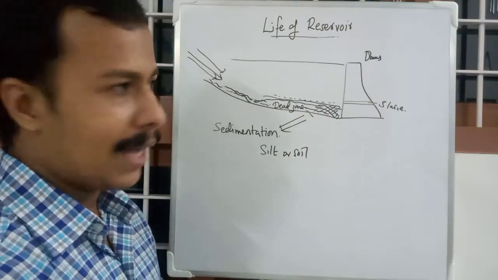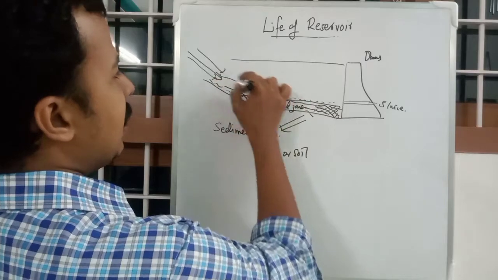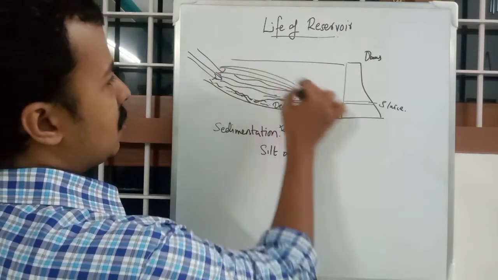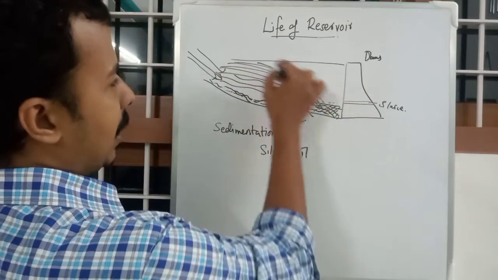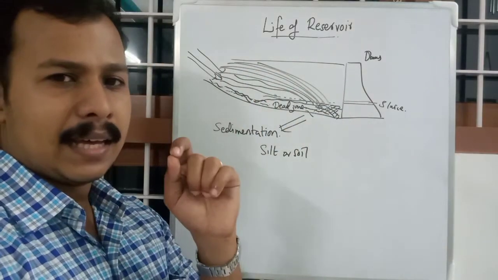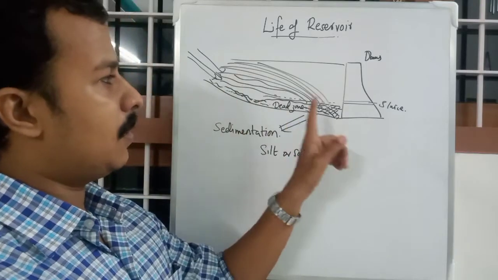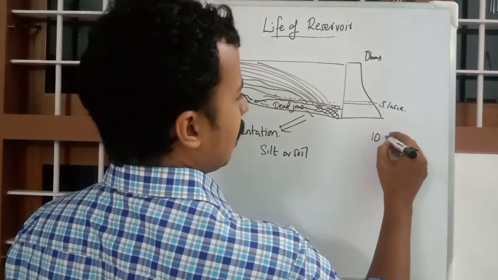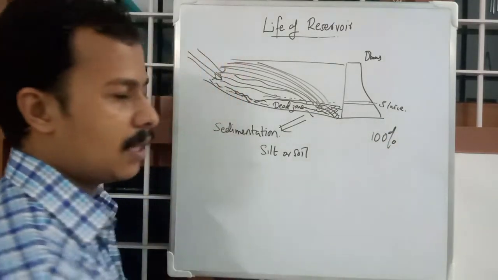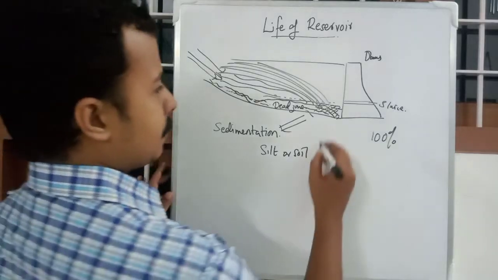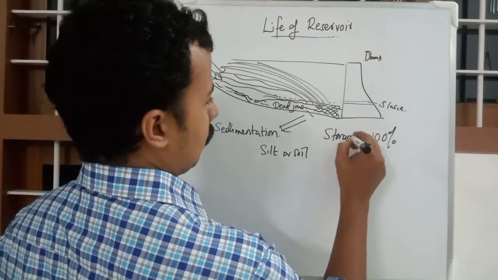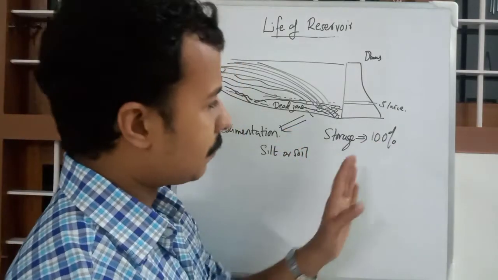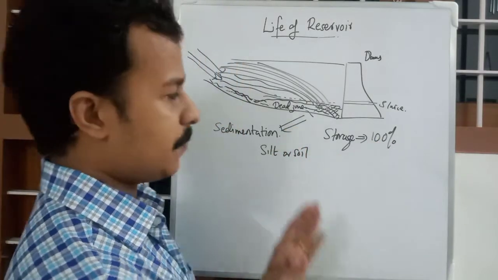As the sedimentation increases layer by layer, at the end of a particular time period, the initial 100% storage of the reservoir changes. Initially, when the reservoir is commissioned, storage will be 100%.